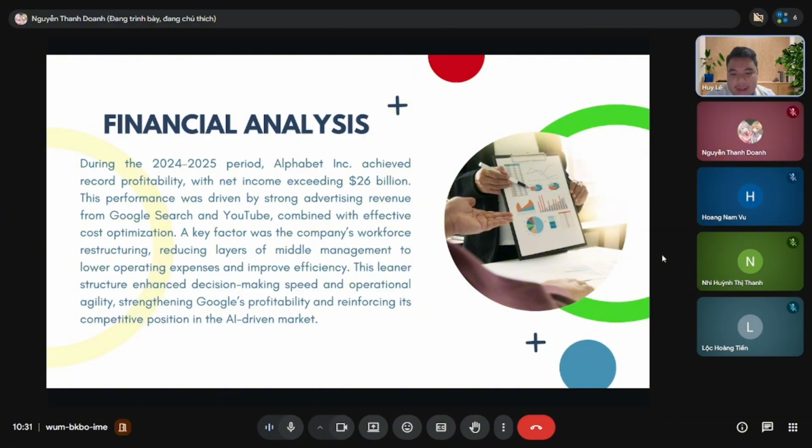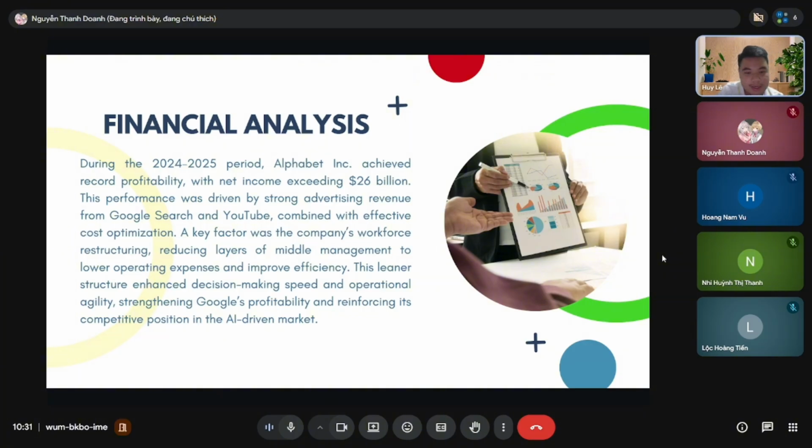This combined has created very effective cost optimization. Another aspect is the workforce: Google has been restructuring its workforce to reduce a lot of internal and labor costs, which has optimized its structure a lot.